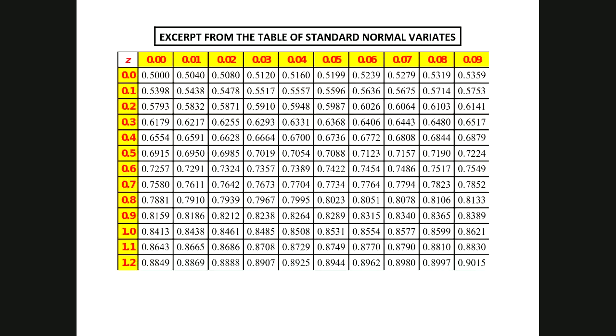All right, so the z-value that corresponds to 75%. So we're looking in the table for the probability 0.75. And so within the table, there's 0.73, 0.77, 0.74, 0.7486, 0.7517.